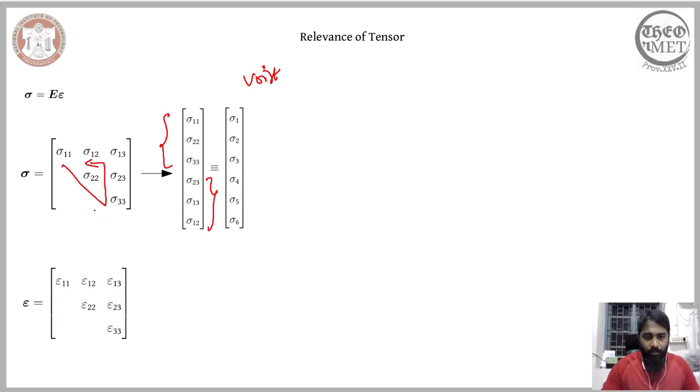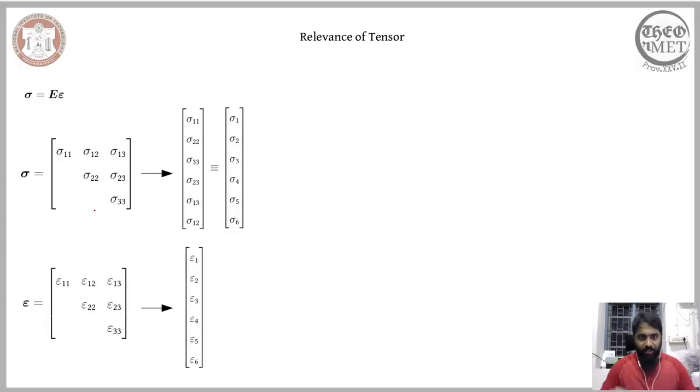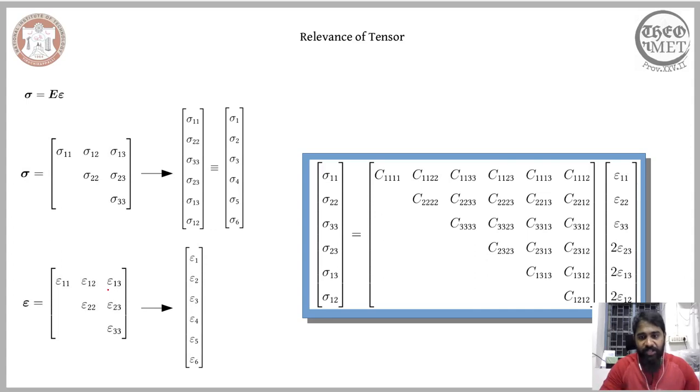Of course, the same can be adopted for our strain, because the way we express stress and strain are of the same form. Strain is also a square matrix. So this also can be translated using the same pathways that we took for our stress. Once we have converted our square matrix, or the second order tensor representation of our stresses and strain, into a column matrix or a vector representation, it becomes possible for us to express this entire elastic behavior of the material into this form here.